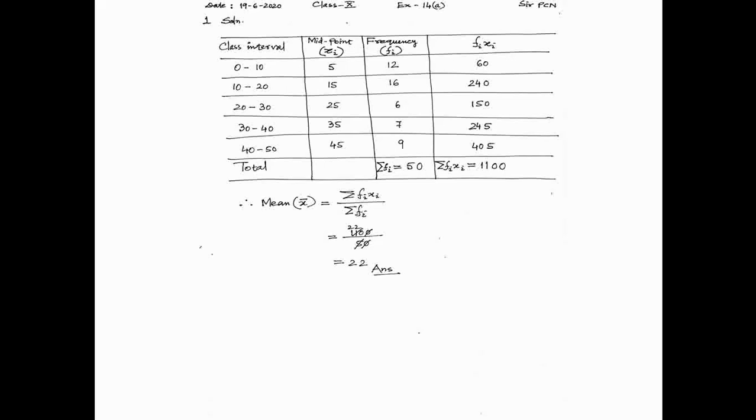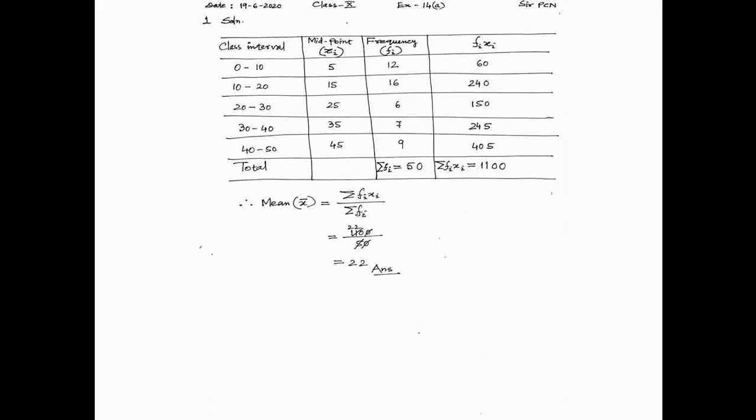After that, you see what I have written. This symbol is called sigma. So all the frequencies Fi you have to add. This is sum total sigma Fi. So sigma Fi equal to, when you add all the frequencies, you are getting 50.